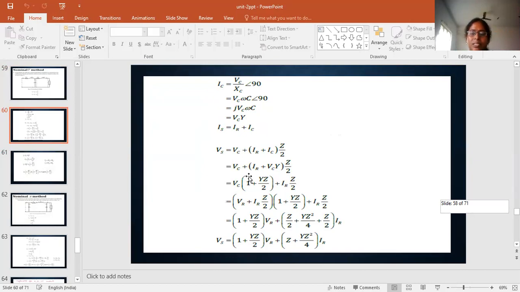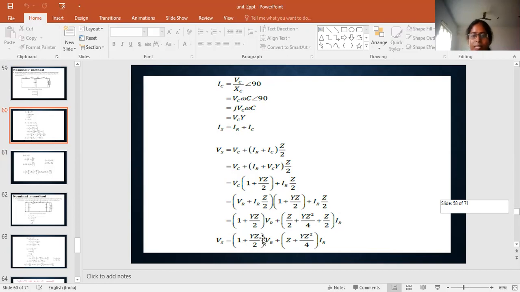Vs equal to Vc plus IR plus Vc into Y into Z by 2. In place of Ic, we substitute Vc into Y. Then take Vc common from these two terms, and substitute the Vc value in this equation, and we get the Vs value in terms of VR and IR.